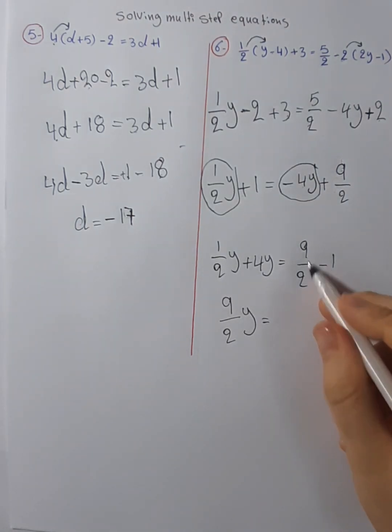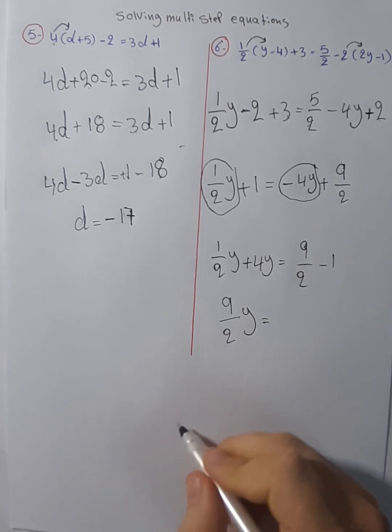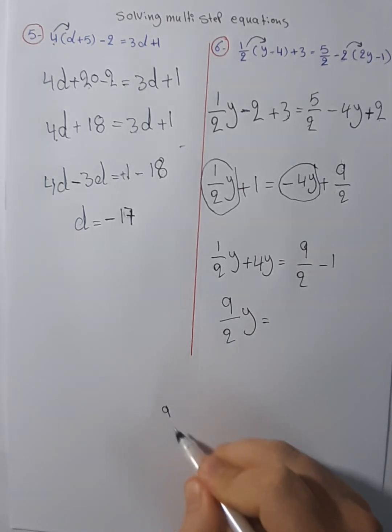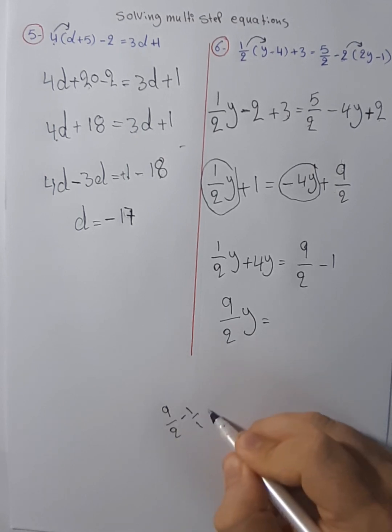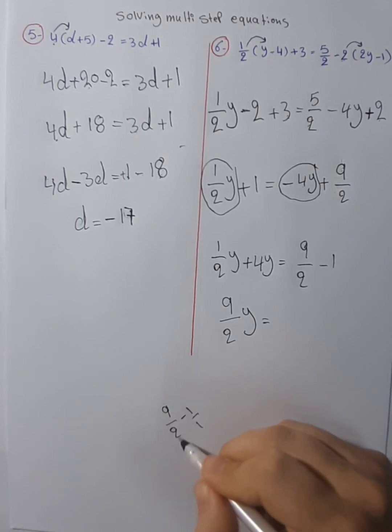After that we can solve these two, fraction and whole number. 9 out of 2 minus 1, the least common multiple for 1 and 2 is 2.